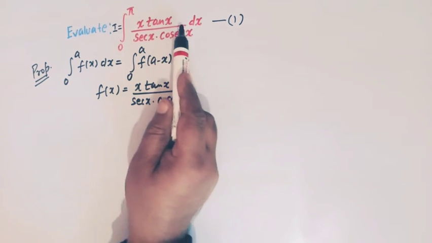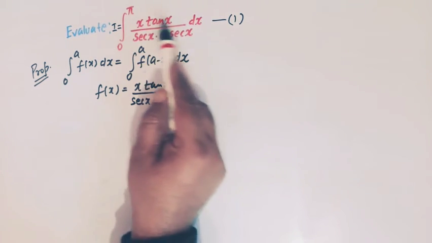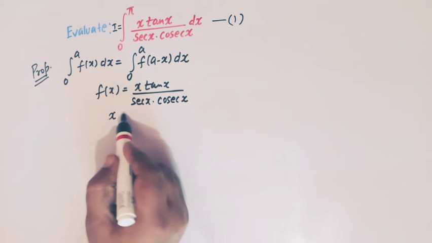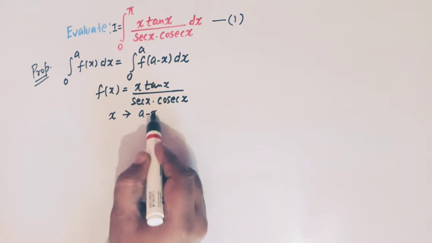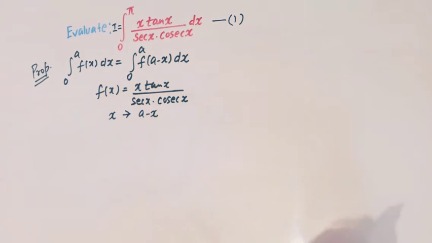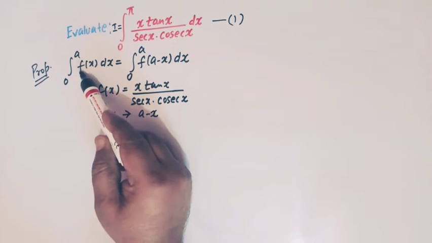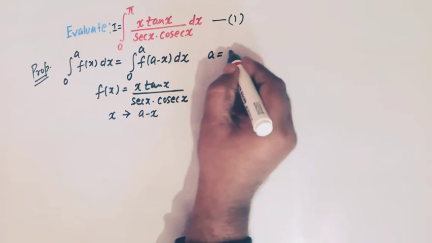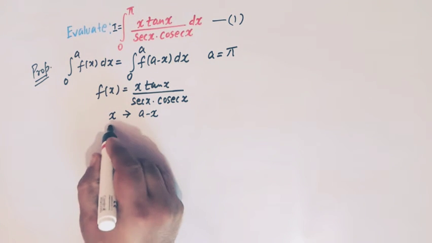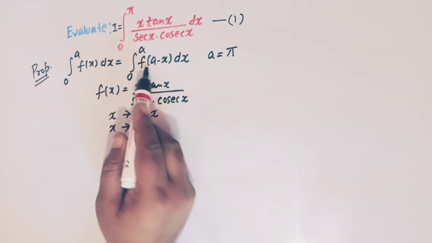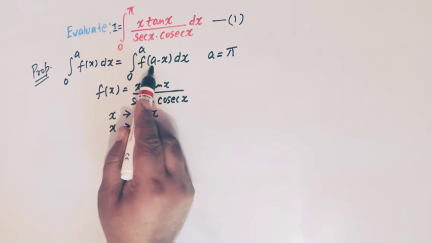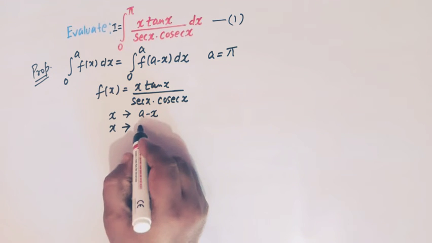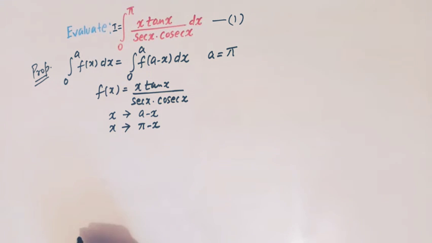we have to convert this function by replacing here x by a minus x, right? And if we compare this integral with this one, then we see that the value of a is pi. So in order to evaluate f of a minus x, we have to replace x by pi minus x, right?